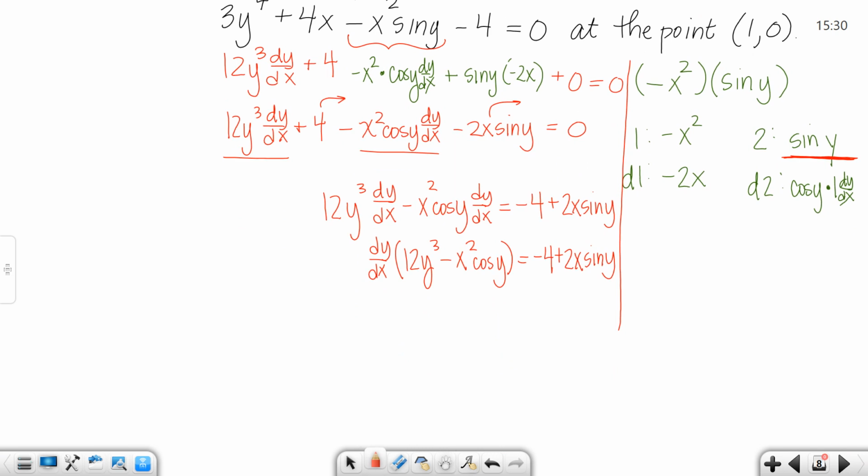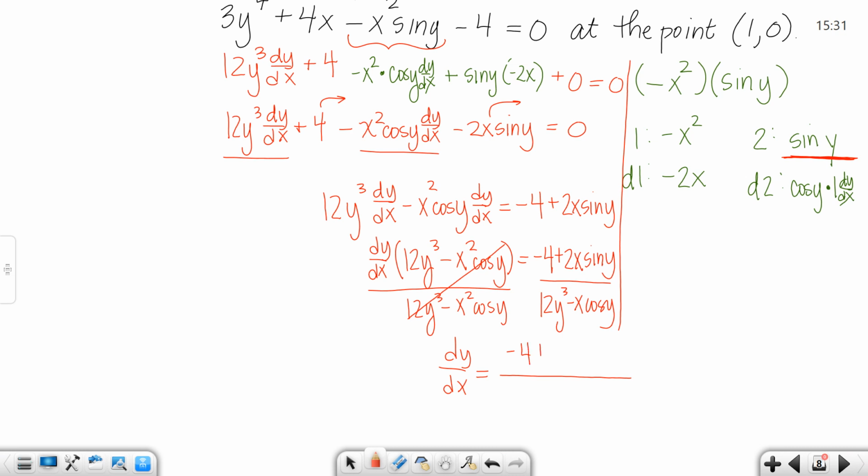Now you have to get the dy dx by itself, so I'm going to divide. And finally, I have my dy dx, which unfortunately is not the answer to the question.